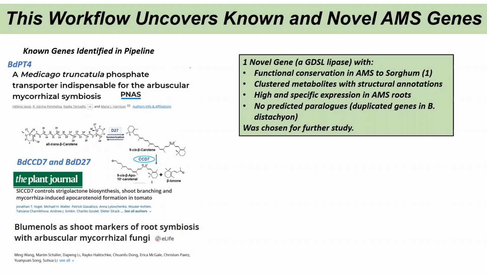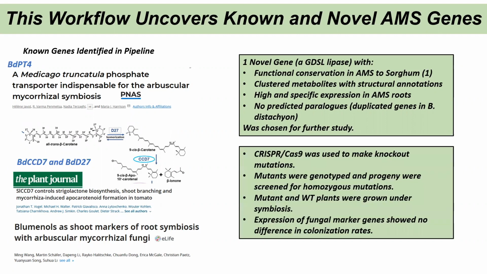Importantly, it had no predicted paralogs, and these are genes within Brachypodium that could potentially have a redundant function. So since OrthoFinder predicted this gene to have no paralog, we chose it for further study. I'm not going to go into everything that we did, but I'll summarize it here.